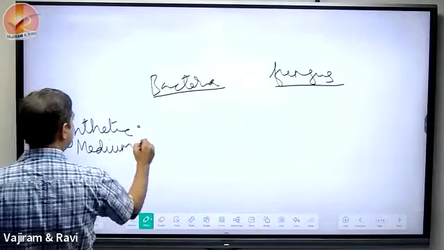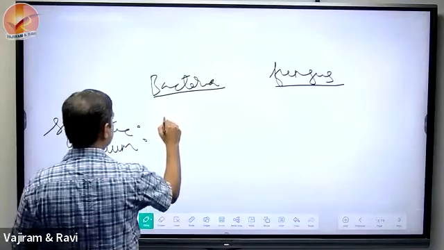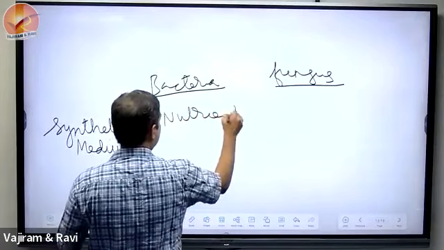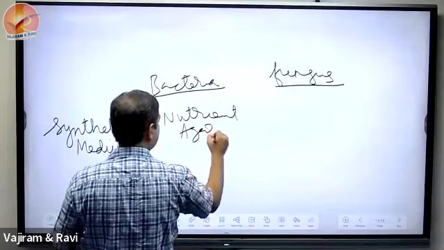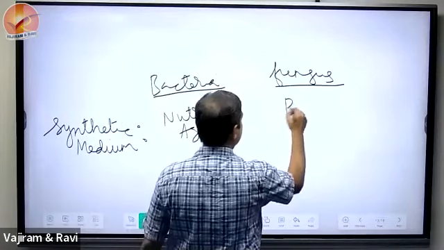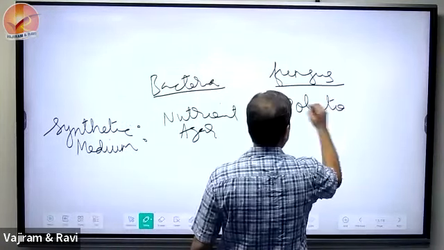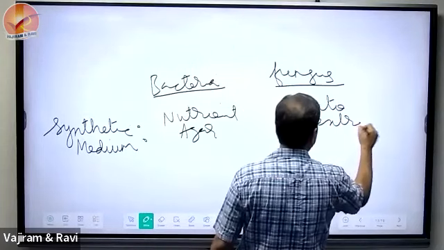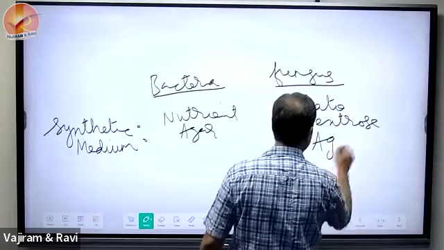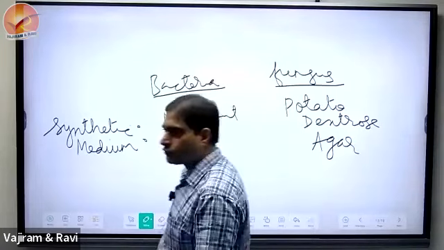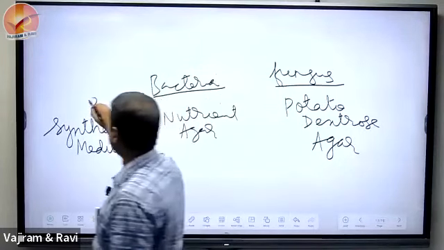So synthetic medium for bacteria, I have already written what? Nutrient agar. Isn't it? For fungus, you can write the example of what? Potato dextrose agar. So these are examples of synthetic or non-living medium.